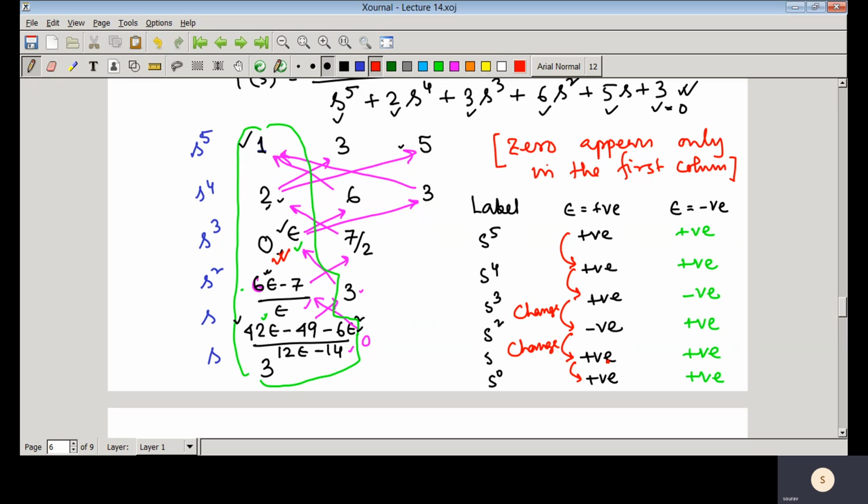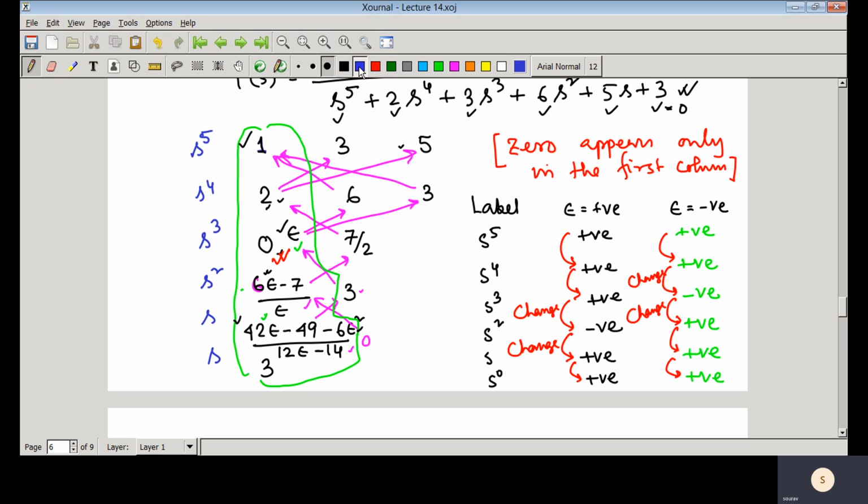So here no change, and in this case no change, here you have a change, and here again you have a change, no change. So if you take positive or if you take negative, in both cases you can see that there are two sign changes in the first column.